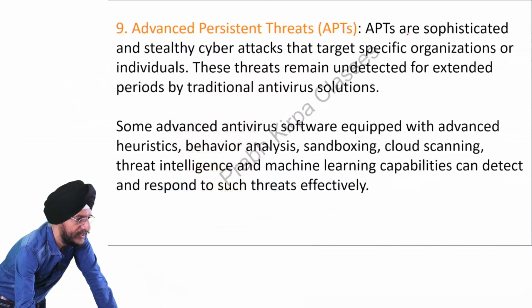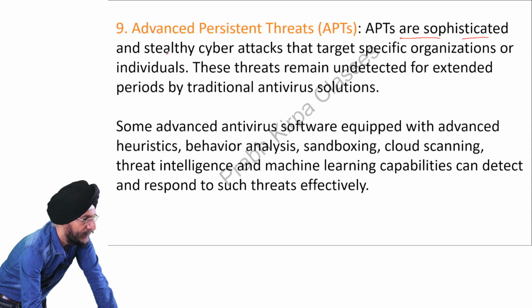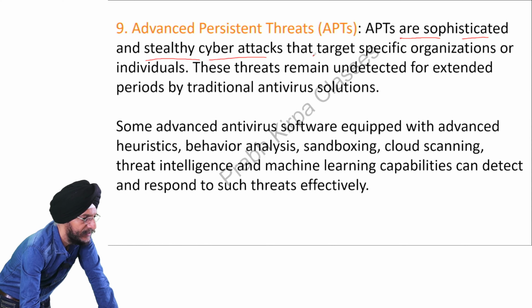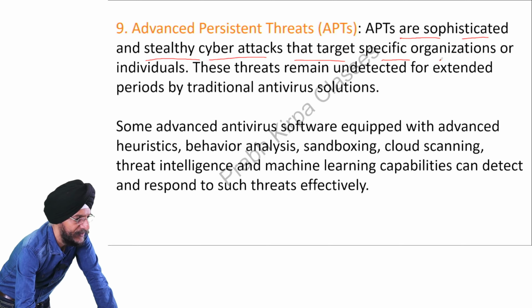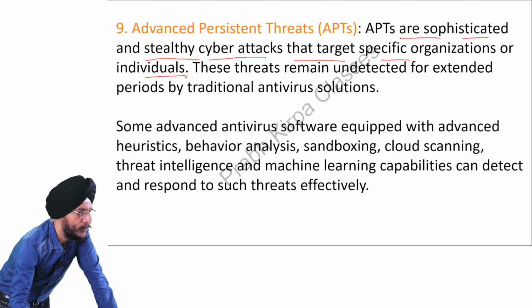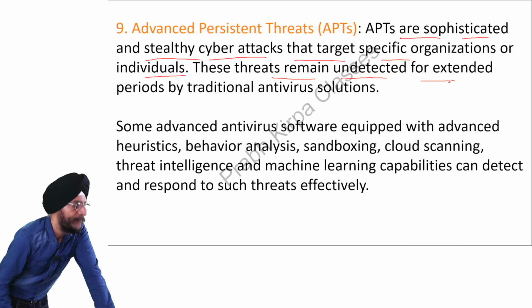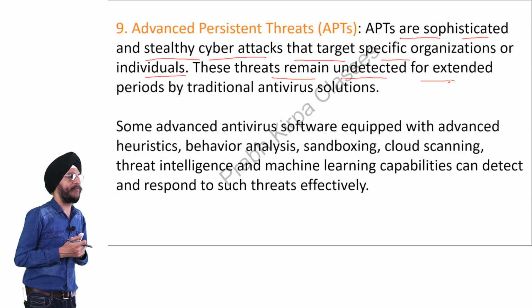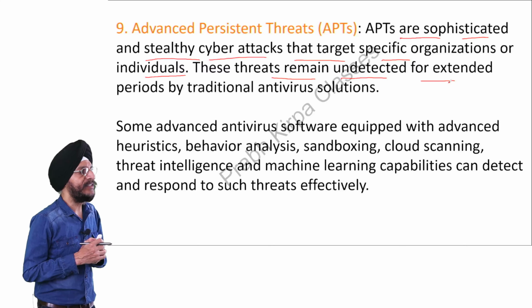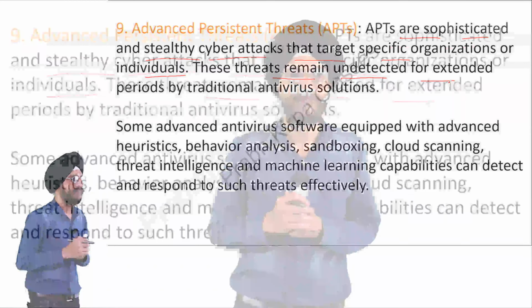Now what is written? Advanced persistent threats are sophisticated and stealthy cyber attacks that target specific organizations or individuals. These threats remain undetected for extended periods of time by traditional antivirus solutions.